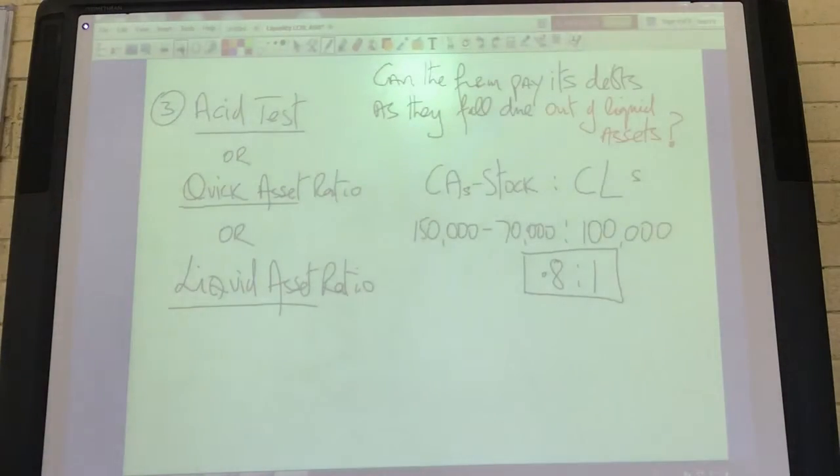That means that for every €1 this firm has in debts falling due, it has 80 cents in liquid assets with which to pay them. Now that's below the recommended 1 to 1. So this firm has a liquidity problem.